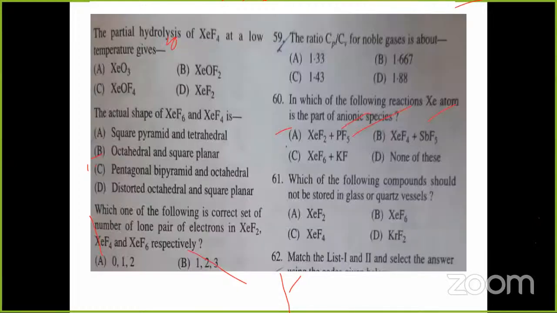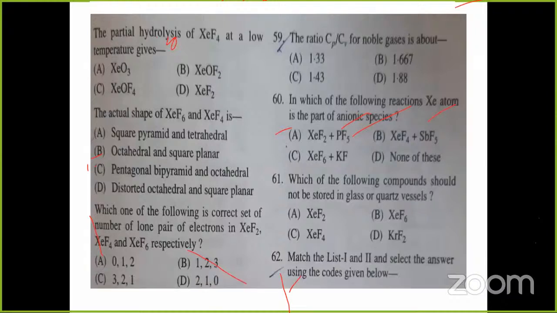So these are the questions related to noble gas elements. And as I told you earlier, your question: which one of the following is the correct set of number of lone pairs of electrons in XeF2, XeF4, XeF6 respectively? C, sir. Beautiful question. So which of the following is the correct set of number of lone pairs?